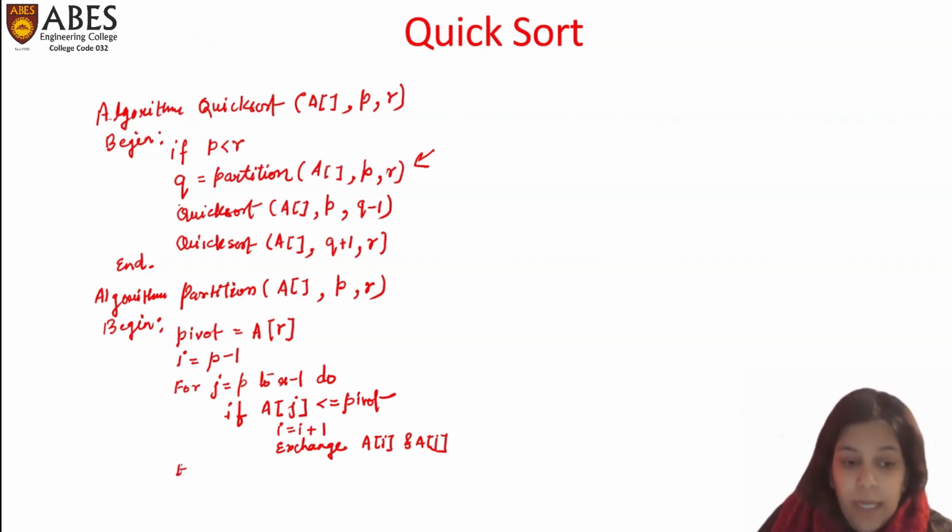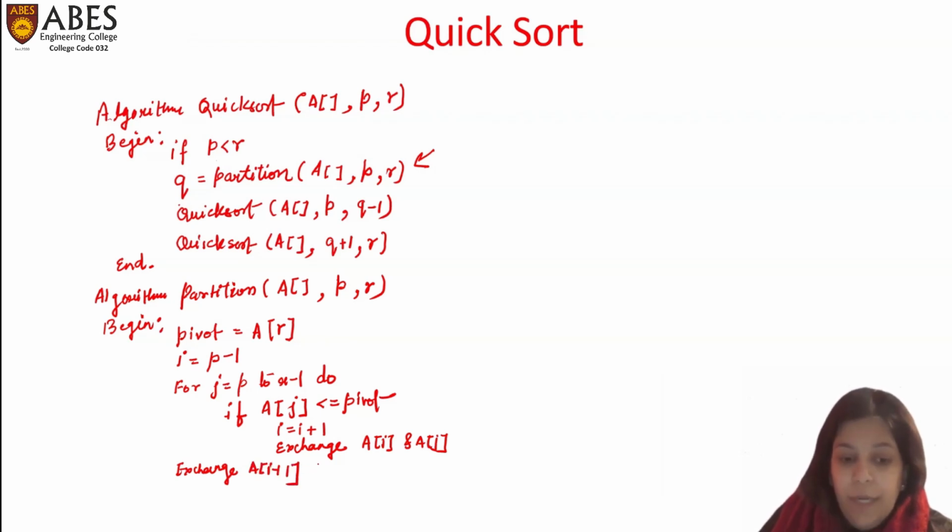We have to again exchange A of i plus 1 with the pivot, such that the pivot element will now have its appropriate position.